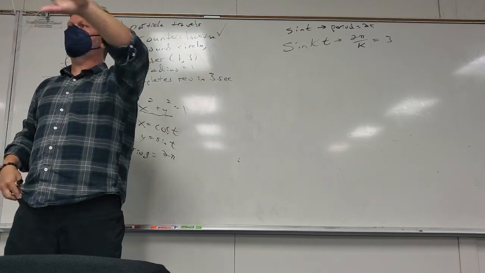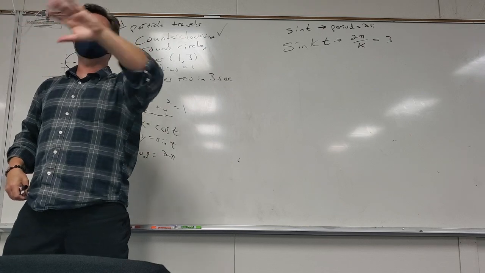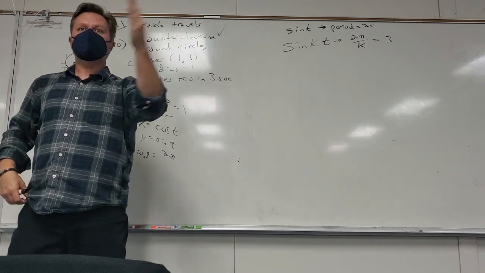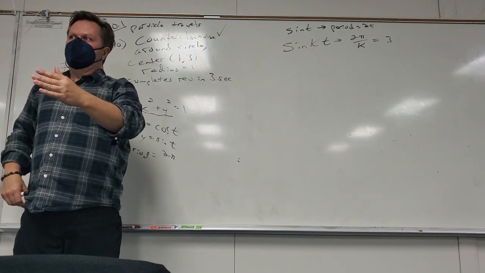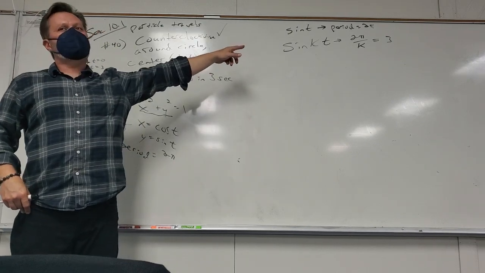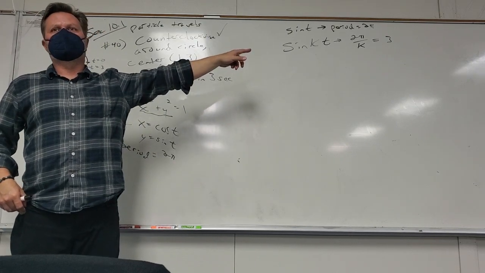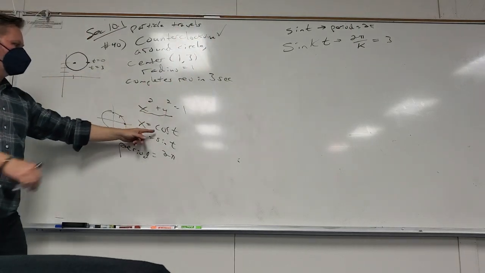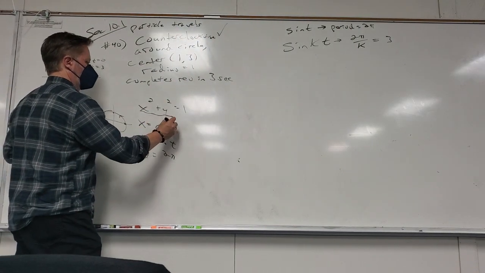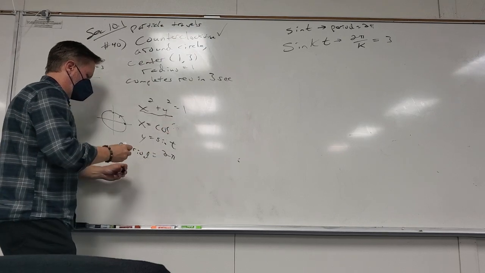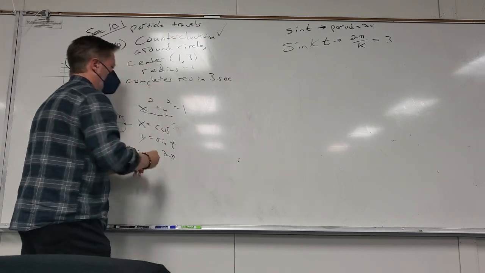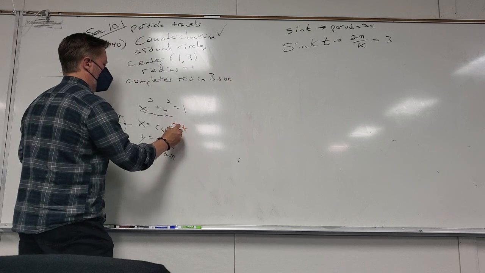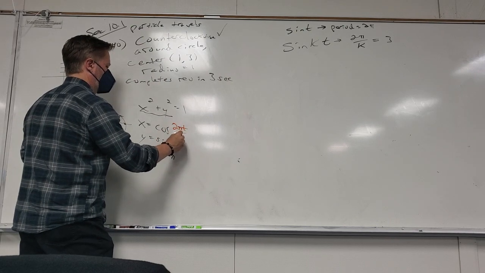The minute we're bringing trig back, we can bring everything about trig back. What's k got to be in order to make that true? 2 pi over 3, to solve for k, right? So if I make this 2 pi, let me write this in a different color, if I change these to be 2 pi t over 3.